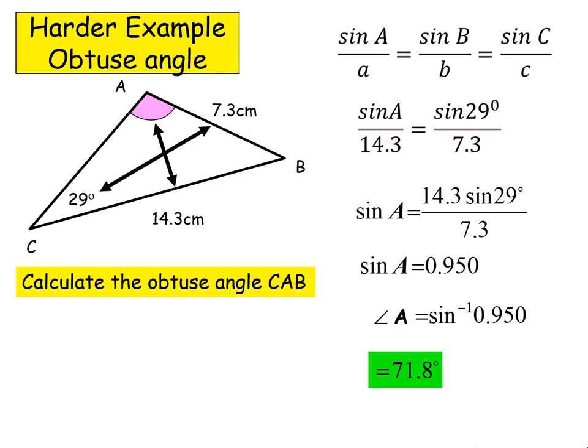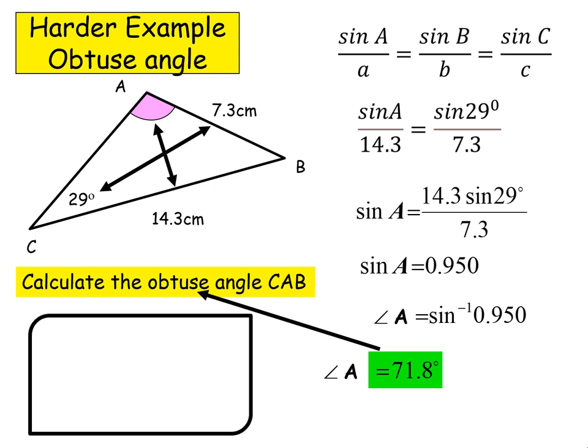But we have a slight problem, because the question says work out the obtuse angle. Obtuse means between 90 and 180. So there's a slight problem here. In maths, and as I said, you'll learn more about this in Unit 3, the sin of an angle x is the same as the sin of 180 minus that number.